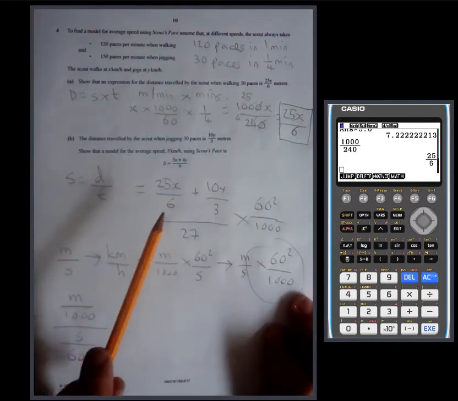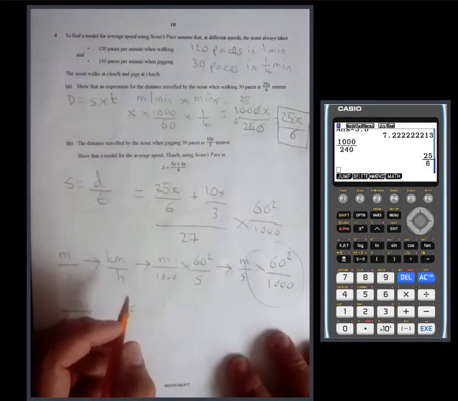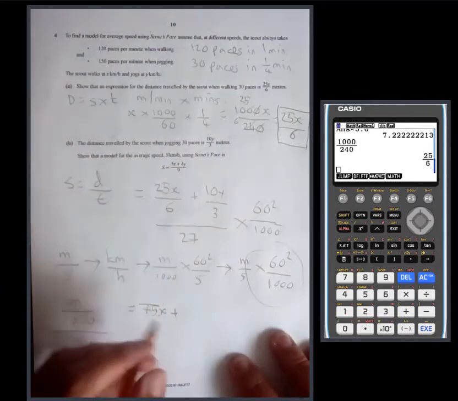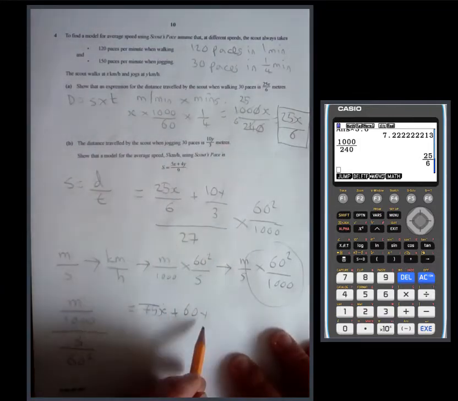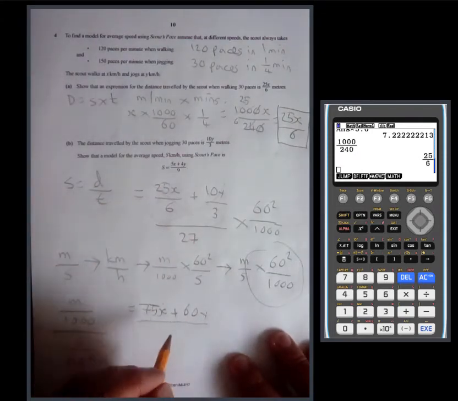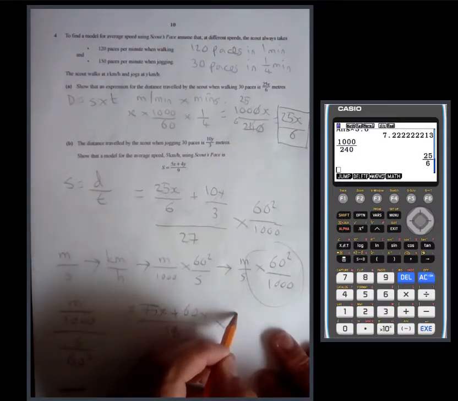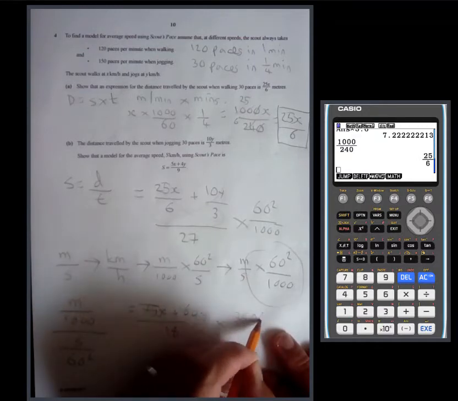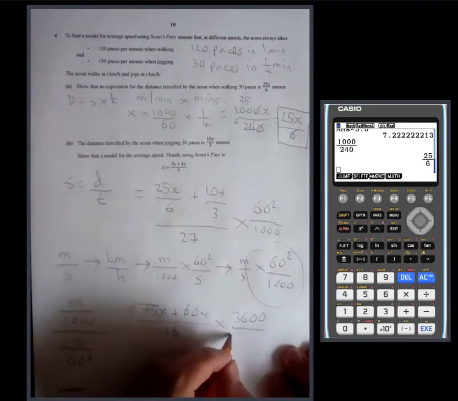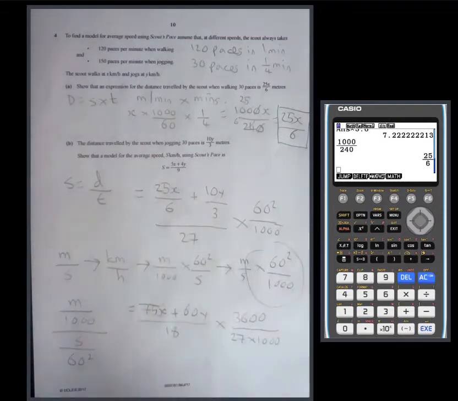So if we take this initial fraction, 3 times 25 is 75, so 75x plus 10 times 6, 60y over 18, and then we're doing over 27, so over 18, and times by 60 squared, or 3600, over, and I can just put the 27 in with the 1000, so 27 times 1000, which is still a bit messy.